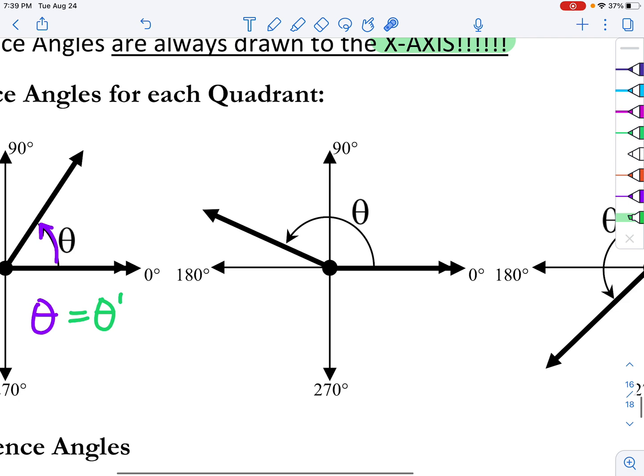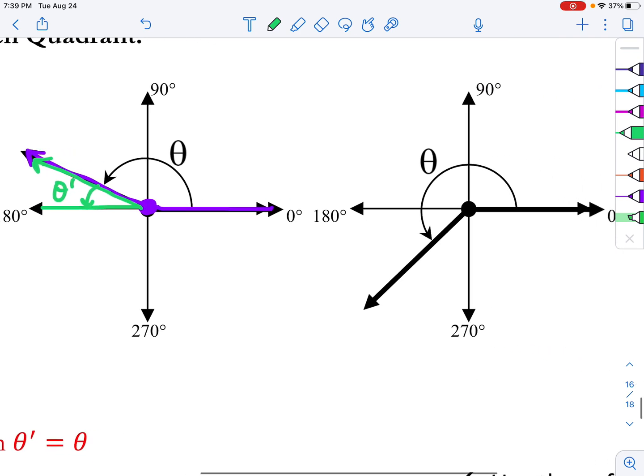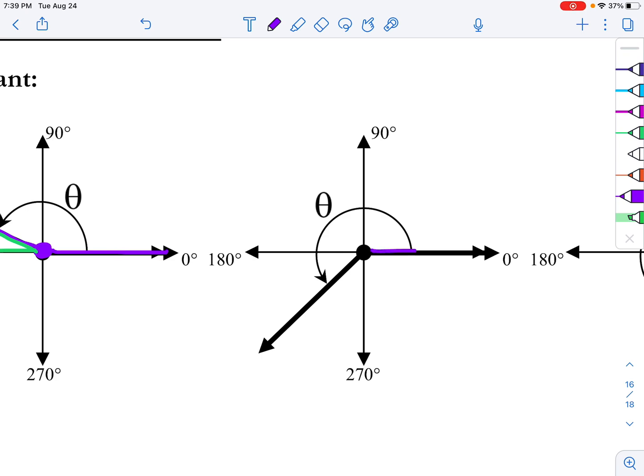In the second quadrant, that's different. So again, here's our theta, here's the terminal side. The angle theta brings us into the second quadrant, so the reference angle is going to be made with the terminal side and the nearest x-axis. So this would be the reference angle. In the third quadrant, see how here's theta from the initial side all the way over to the third quadrant, the reference angle would be formed with the terminal side of the angle and the nearest x-axis.